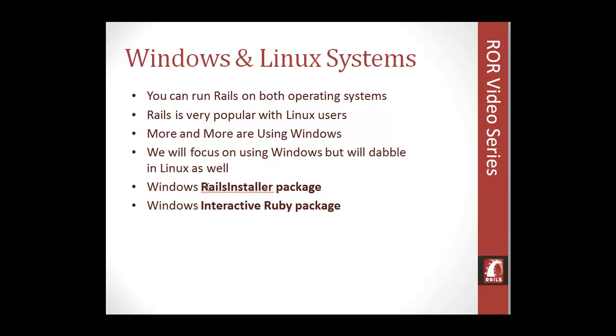So you can do that as well if you want to mess around in Linux. And the other piece of software we'll be using is Interactive Ruby, which is a program for Windows that will allow us to type Ruby right in the command line, just as if it was a Linux machine with Ruby installed.